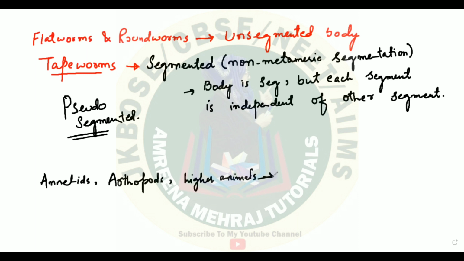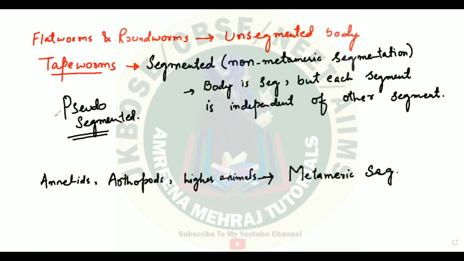They all exhibit metameric segmentation. So my dear students, about metameric, you have to remember that this is the true segmentation, because the metamers, the segments, are not independent. Each vertebra will not function independently. So it is an entire system, and the metamer is a part of the system. So the segments are dependent on each other. If that is the case, we will call that metameric segmentation.